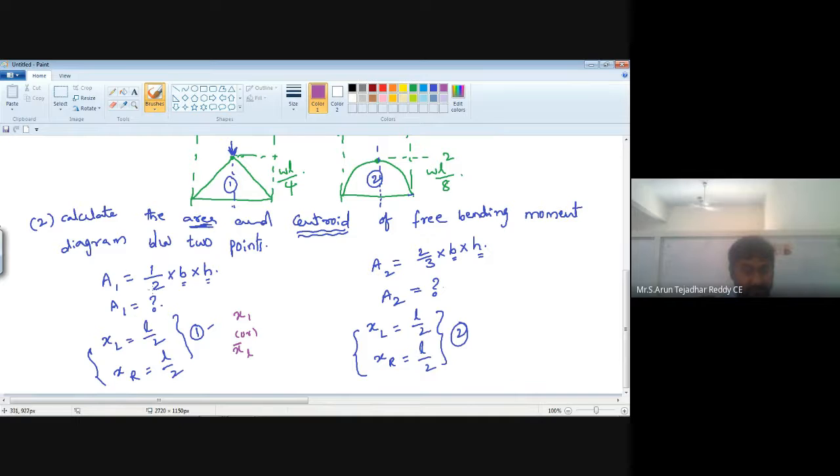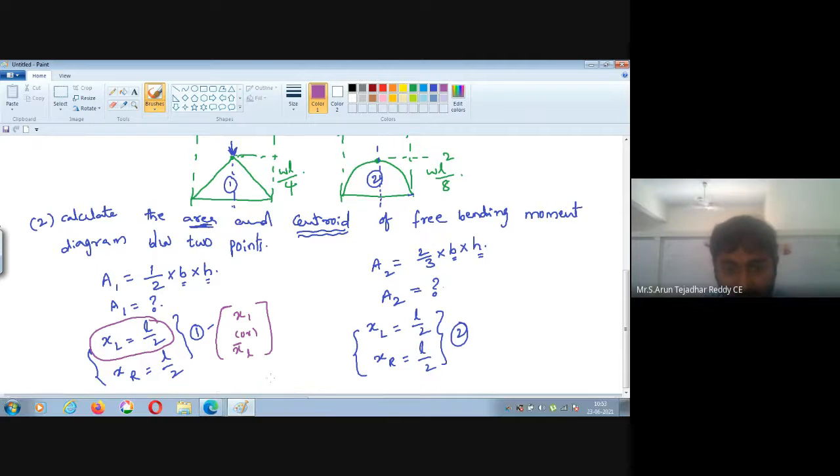In the first diagram, we have two sides of center of gravity, left and right. When calculating X1 or XL bar, always prefer the left side, that is XL equal to L by 2.